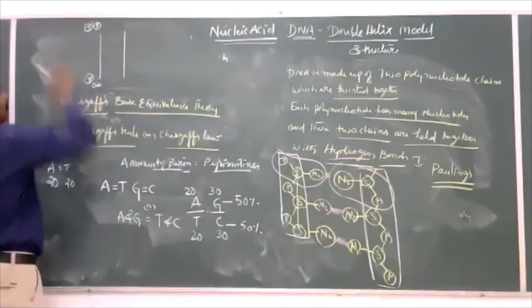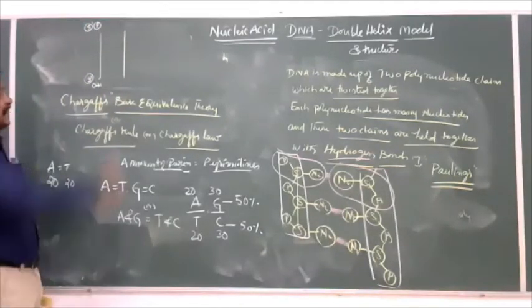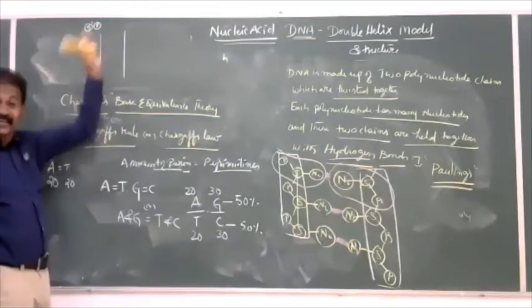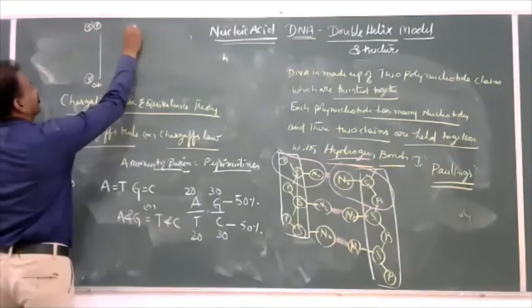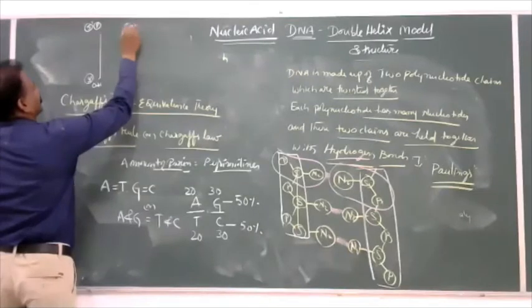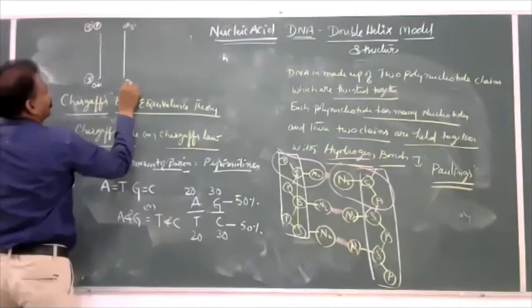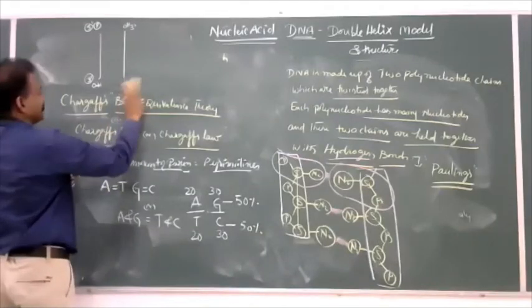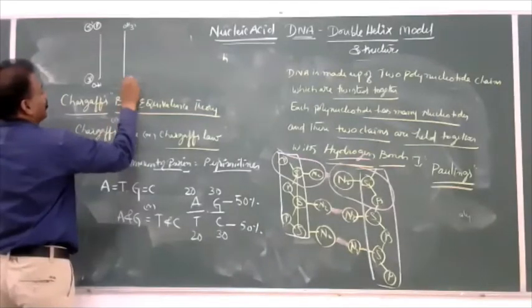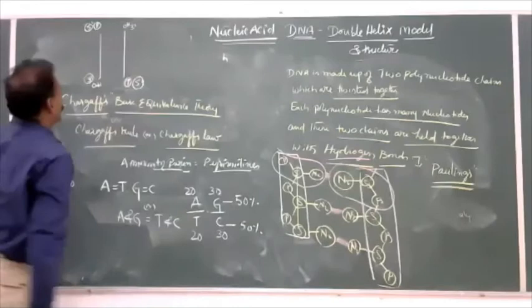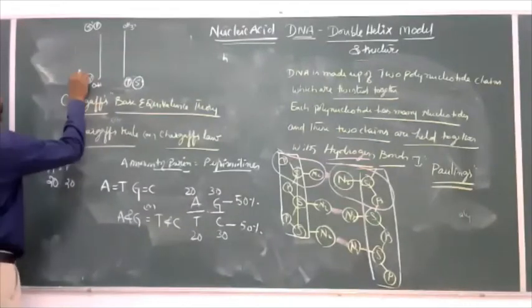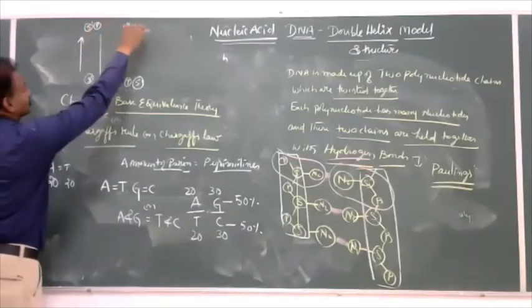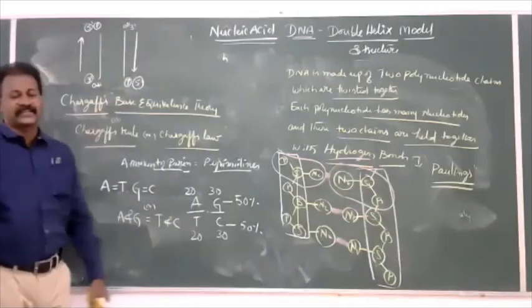So 3 prime, 5 prime. The other chain is in the reverse direction. It has 3 prime OH and 5 prime phosphate. So always one is moving in this direction, the other in the opposite direction.